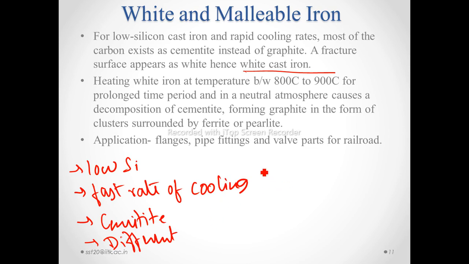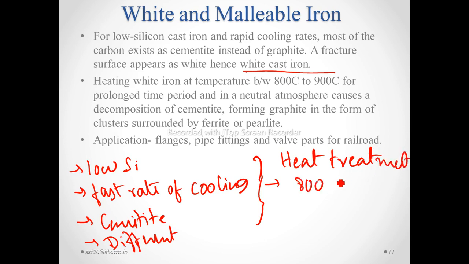When we heat treat this at about 800 to 900 degrees Celsius for a prolonged duration of time, it results in the formation of malleable iron.